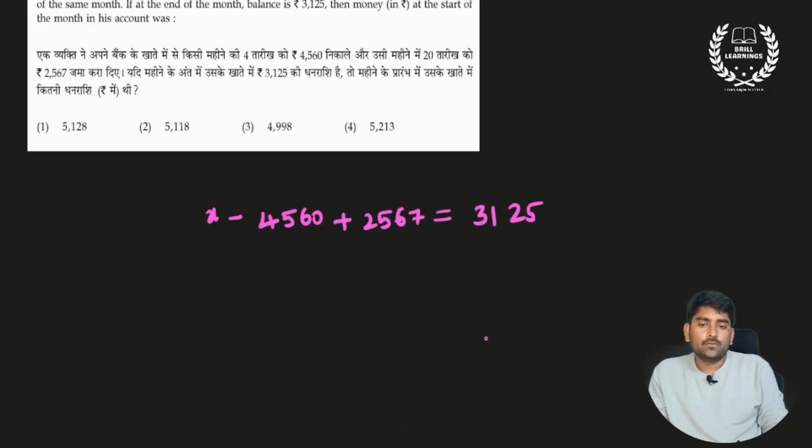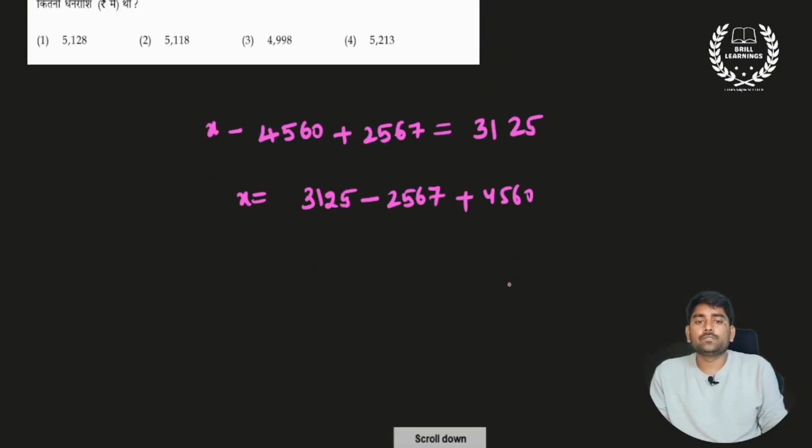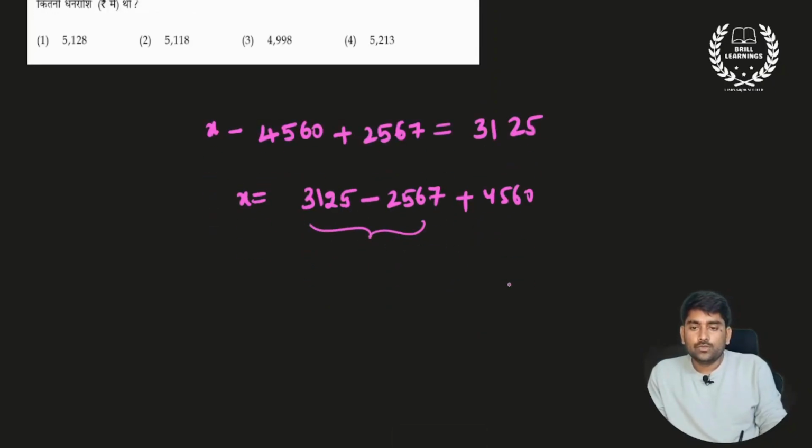In order to find this X value, bring these values to this side. So minus 2567 plus 4560. First subtract these two values. So we'll do here 3125 minus 2567. 8, 11, 6 minus 5, 5.